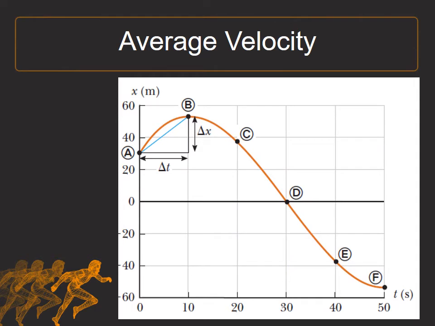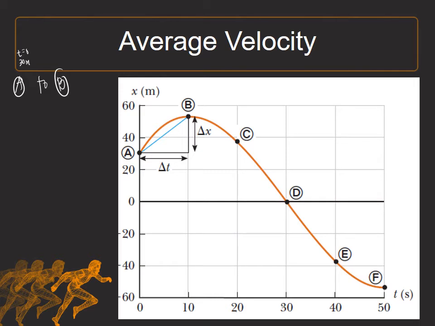Between any point. So, for example, between points A and B, let's find the average velocity from point A to point B. So our point A is 30 meters at time t equals 0.